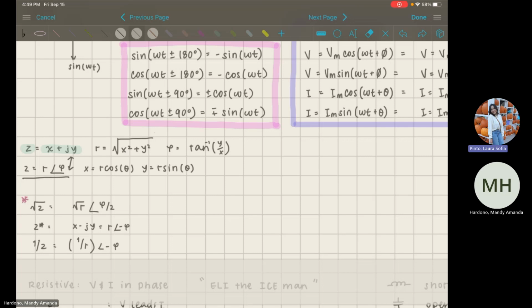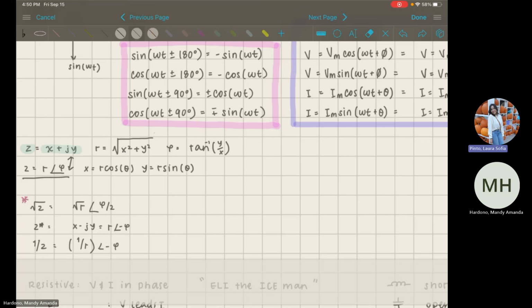The first part of the polar is magnitude, so r is magnitude. And then this is, as you remember, phase. How we get magnitude is we do the square root of x squared plus y squared, which is derived from the Pythagorean theorem. And then we get the phase by taking the inverse tangent of y, the imaginary component, over x, the real component.